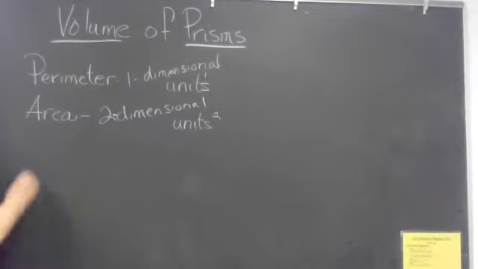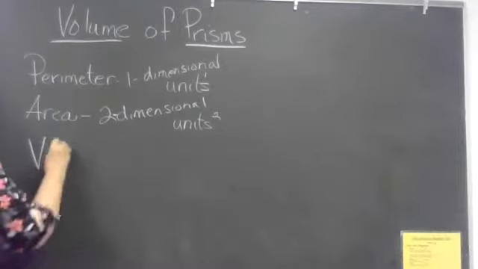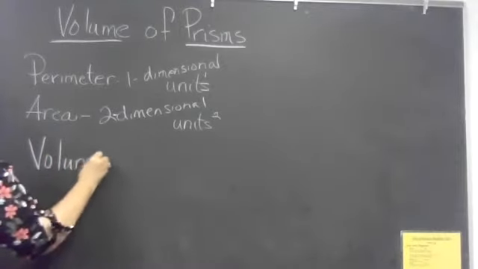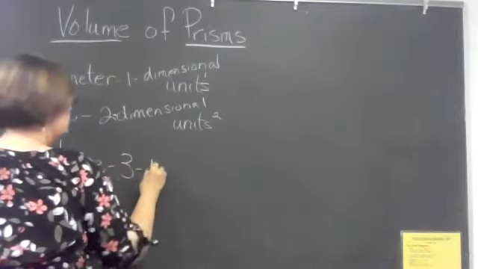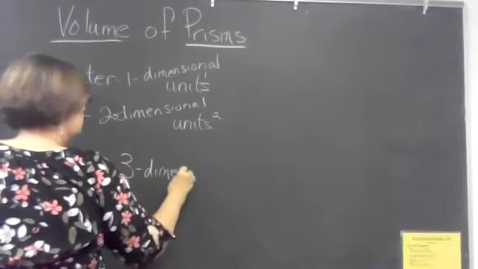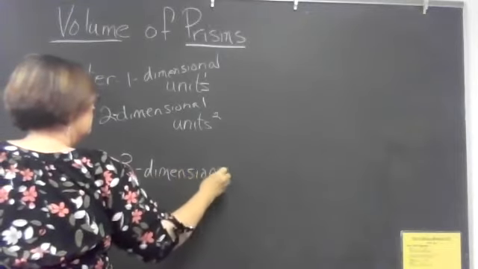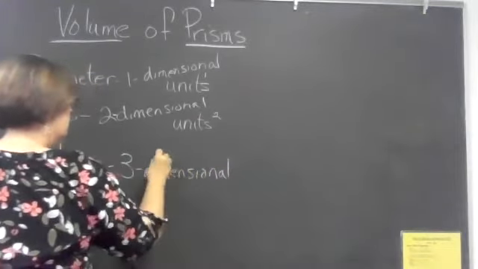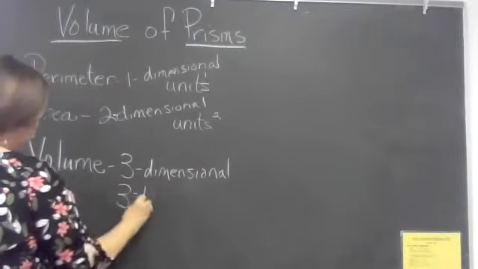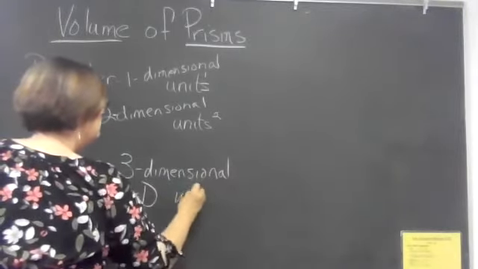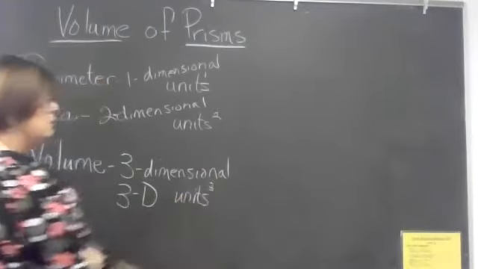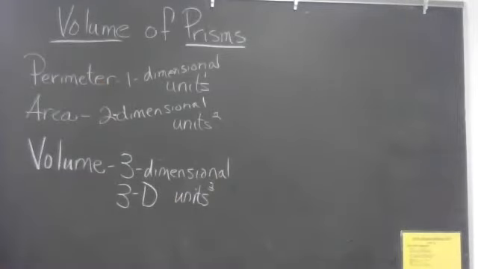Okay, today we're going to talk about volume. Volume is three-dimensional (3D), if you will. And so our units for volume are going to be measured in units cubed, okay?